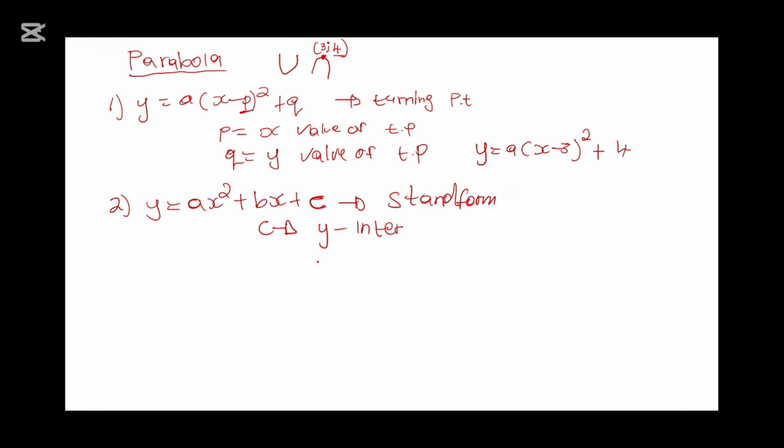Why? Because if you let x be equal to 0, the x terms vanish, because 0 times any number gives 0. So you will be left with c, and then you are able to get your y-intercept.